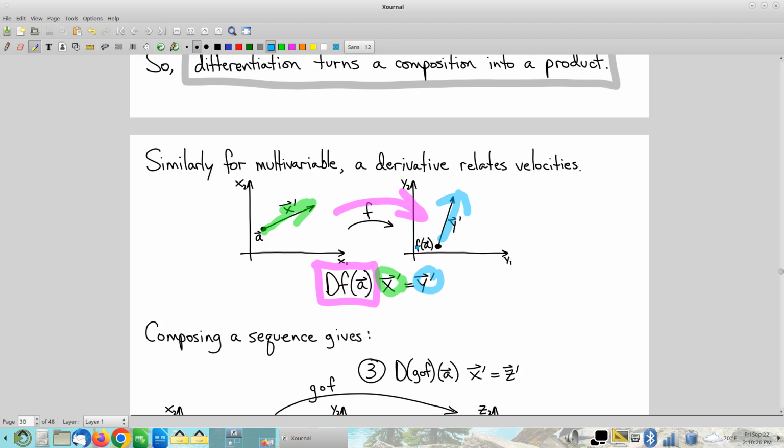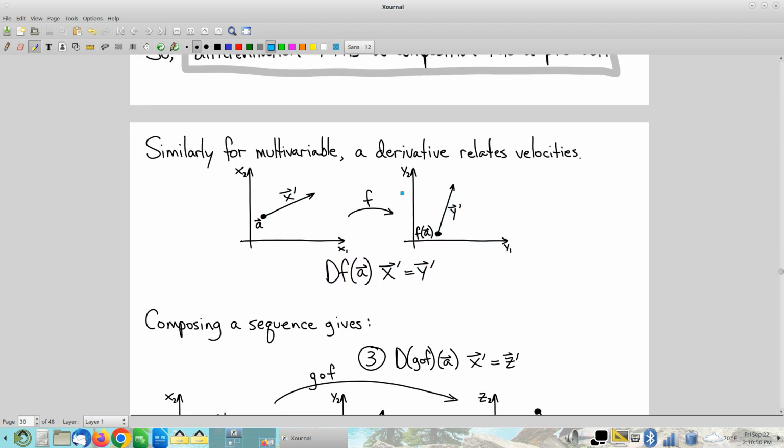Yeah, I mean they're different objects. Again, the velocities that I'm multiplying by are now vectors instead of scalars. And the factor that I'm multiplying is a matrix instead of a scalar, but whatever. It's still a multiplicative factor. Okay. All right, I can apply this idea to any of the three functions involved in a composition. And here we go.